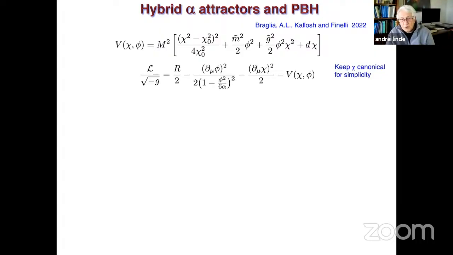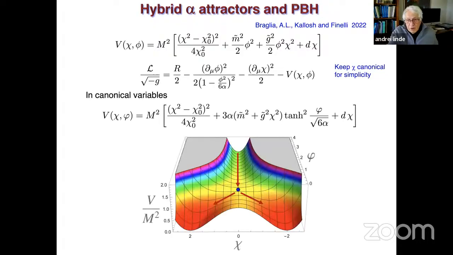The second line shows the kinetic term, and I took a non-minimal kinetic term only for the field phi, just for simplicity. It does not affect much unless you really go to the limit, as I said, different things. So it's informative, and this is what happens when you go to alpha attractor already. So these fields are canonical.